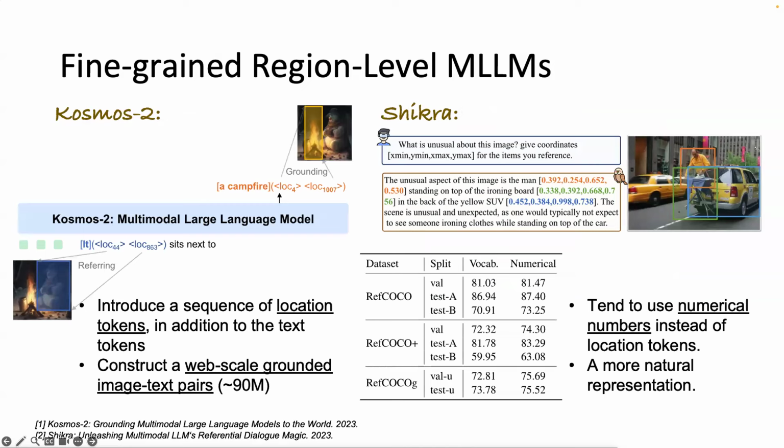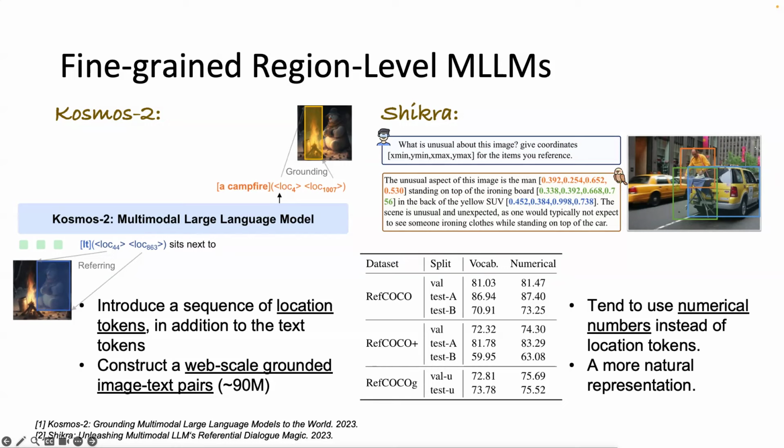I want to introduce two pioneering works, which are the first two works that implement this concept. The first one is called Cosmos 2. A lot of people are familiar with this. Cosmos 2 focuses on grounding. You can see they have location tokens as input, as well as location tokens as output. Besides that, they add some new vocabulary aside from the original text tokens, which are inherited from the large language models, because they need to learn a very good representation for these location tokens.